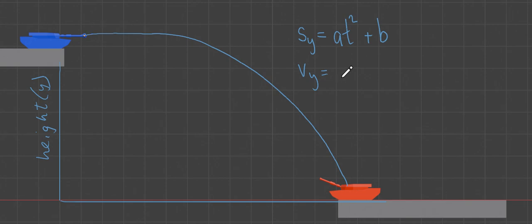It's literally 0 at time equals 0. But as time goes on, your velocity will slowly start to increase in the negative direction, and finally, wherever it hits, it's going to be at its maximum velocity.